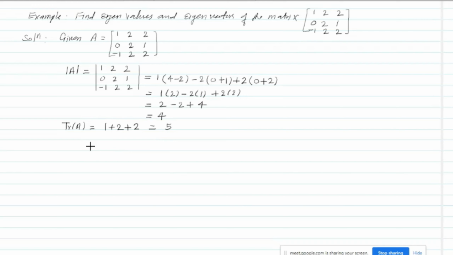Now our job is to find the characteristic equation. For this, we write down the formula for the characteristic equation.